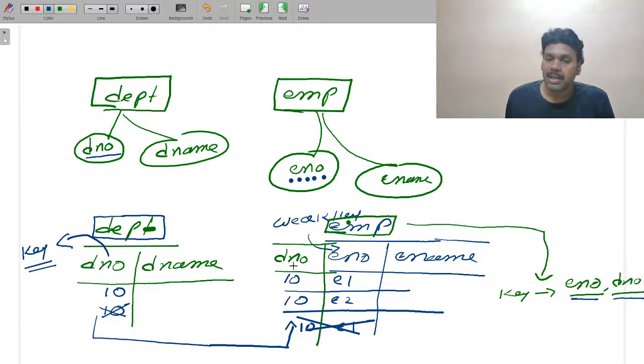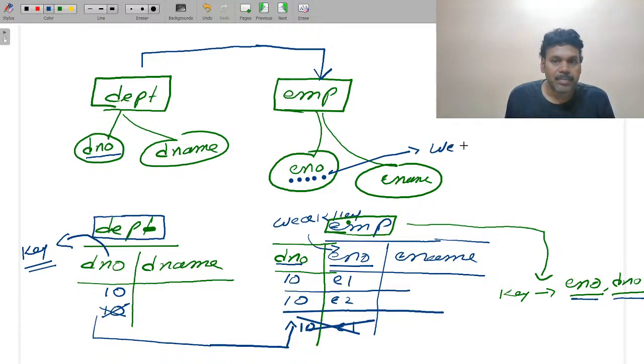Why? Because this time we are identifying DNO and ENO together as a key for us, because this weak entity depends on this strong entity. This is your weak key.